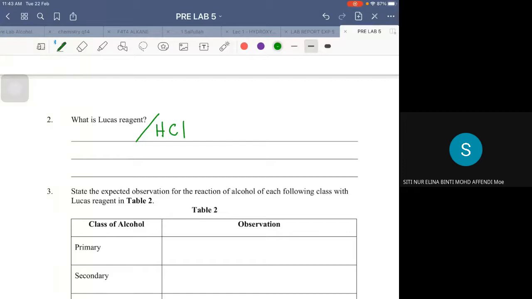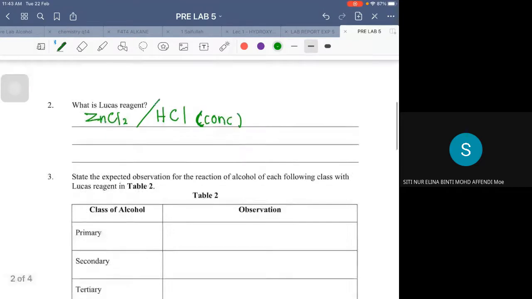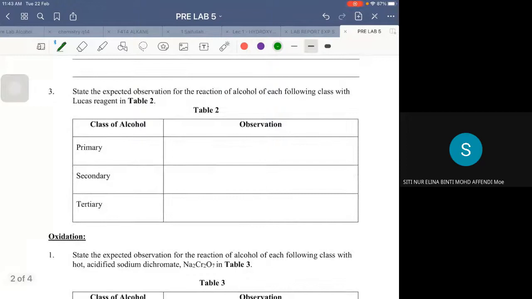Okay, tadi HCl concentrated. Okay, nampak dia tulis macam ni, maksudnya concentrated HCl. Sebab tu kena pakai glove. And then ZnCl2. Okay. Macam mana nak tulis observation kalau primary alcohol untuk Lucas?